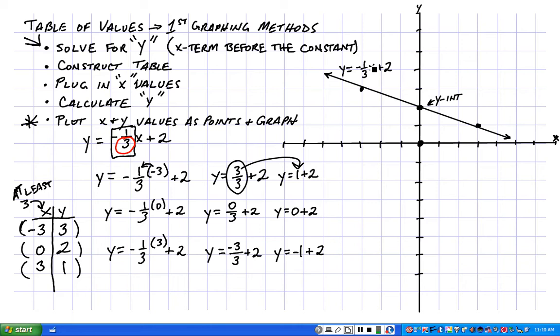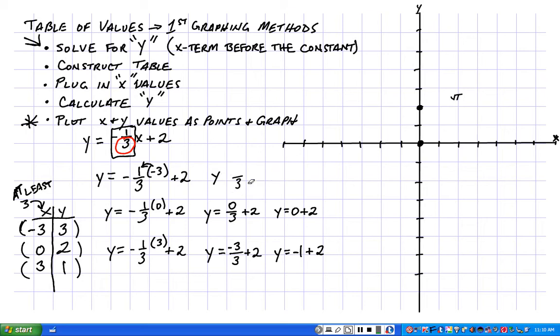Let's look at one more. Okay, let's see here. What do we want? This will be a good one. Okay, erase this. Just bear with me while I erase this.